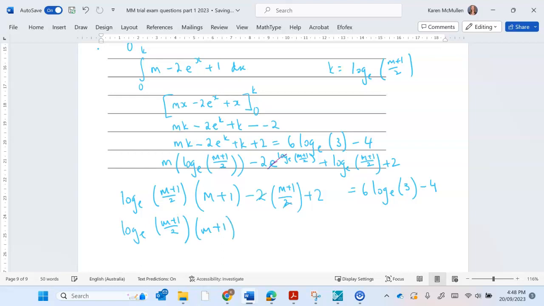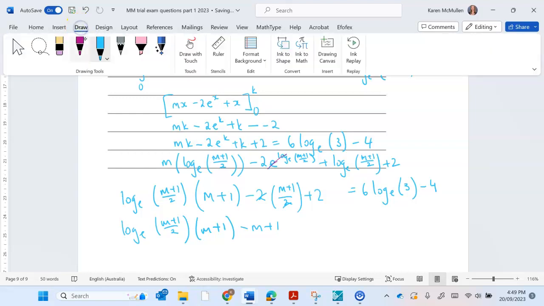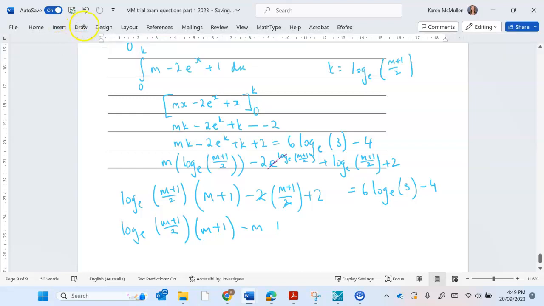Alright, so that 2 and that 2 cancel out. So we've got minus (m plus 1). Hold on. Minus, so that plus 1 should become a negative 1.